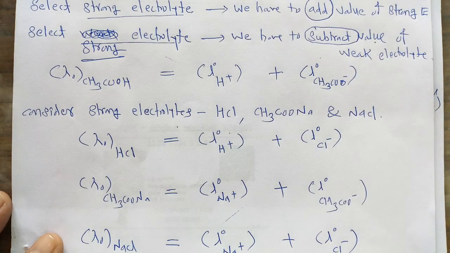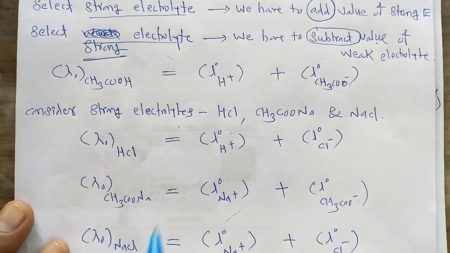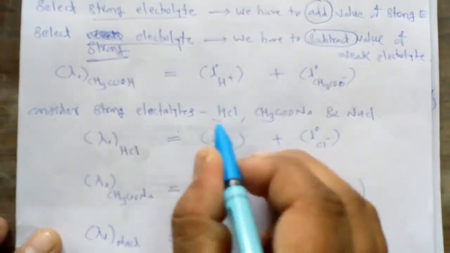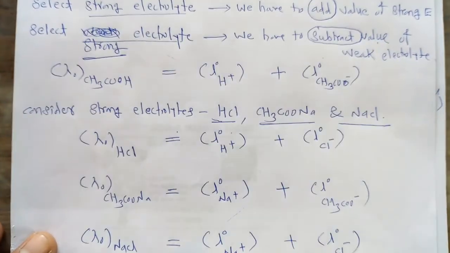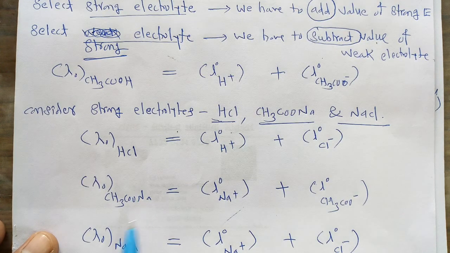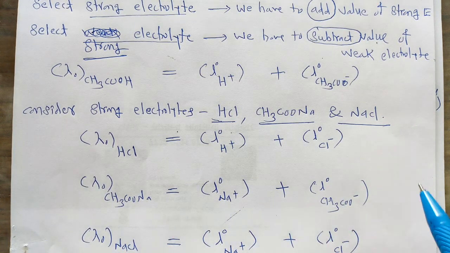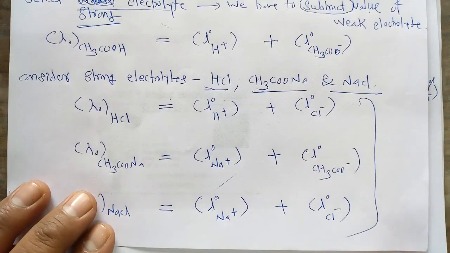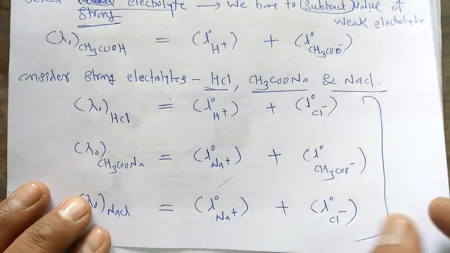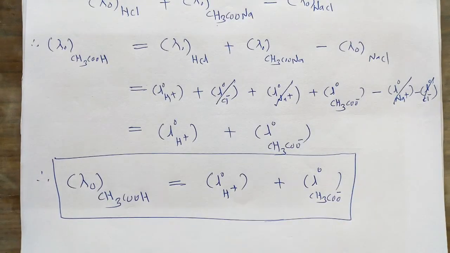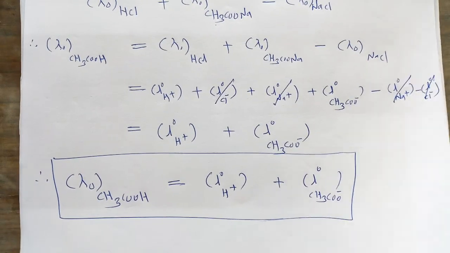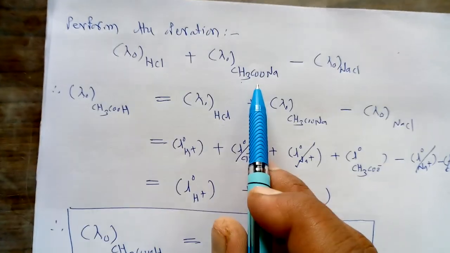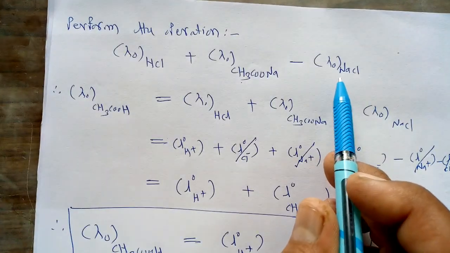Before considering the actual operation, we consider three strong electrolytes: HCl, sodium acetate and NaCl. For each electrolyte, lambda 0 can be calculated by the respective summation of the equivalent ionic conductance at infinite dilution of their cations and anions. After that, we perform a simple operation. We add the value for the strong electrolyte sodium acetate, while we subtract the value for the strong electrolyte NaCl.